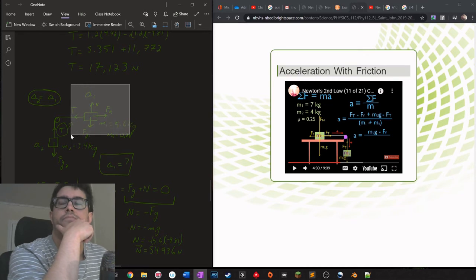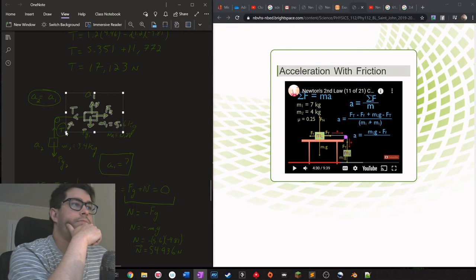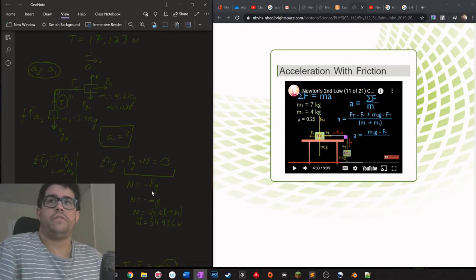Let's review the whole thing. These are the forces in action. When A1 are the same, but not T.